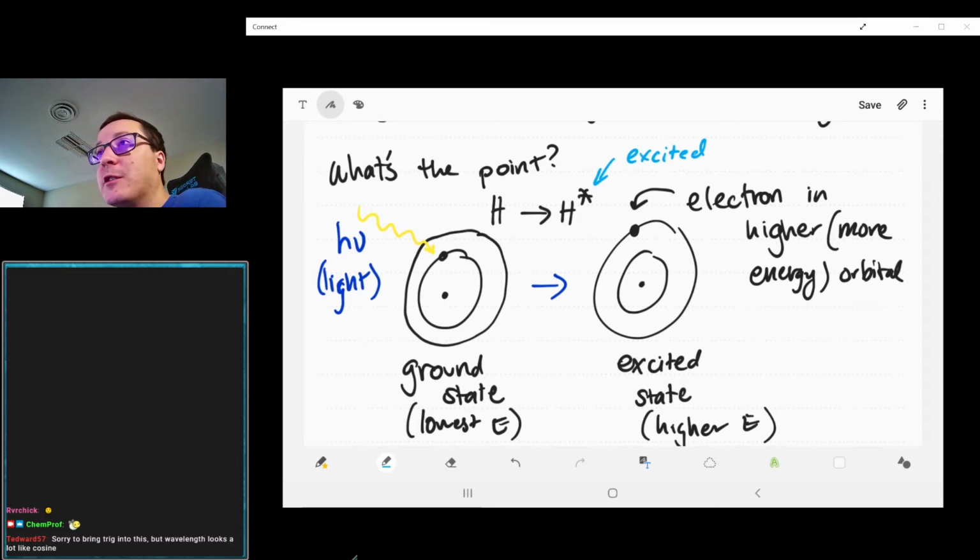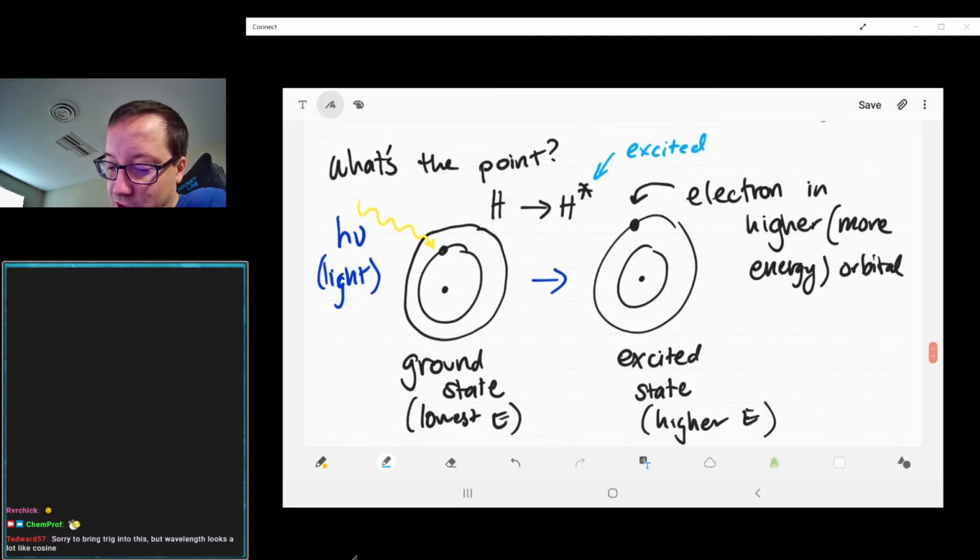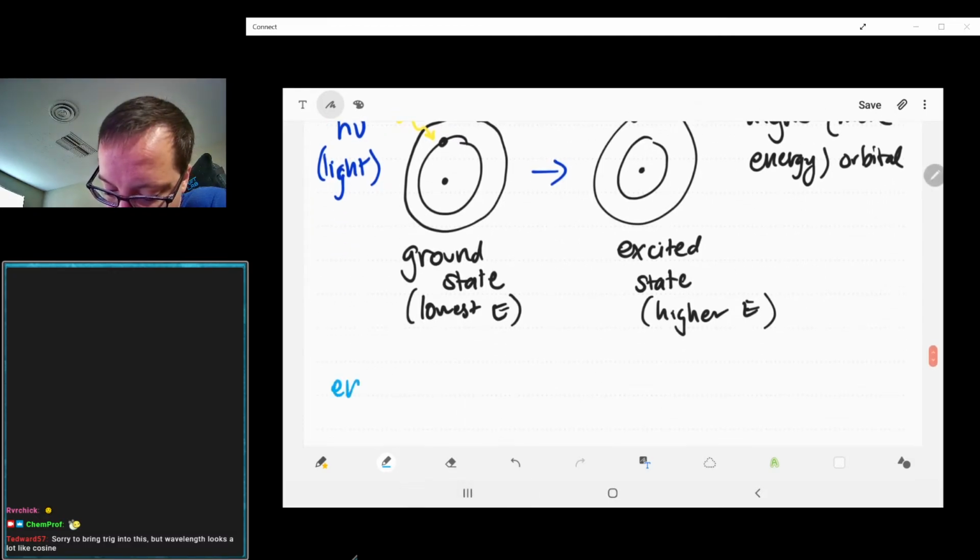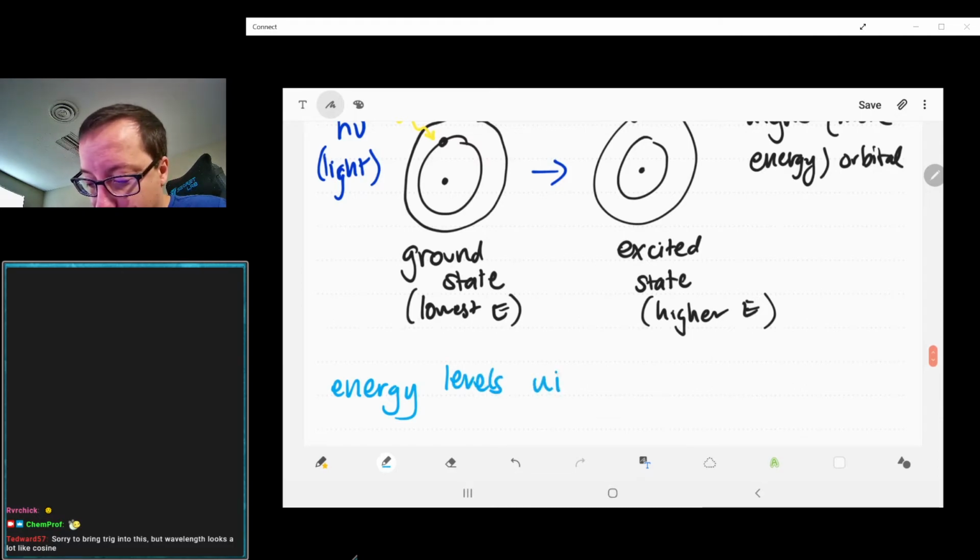So it turns out that for every different element, each different type of atom, we're going to see that electrons can only absorb certain wavelengths of light. The reason for that is because the energy levels within an atom are fixed.